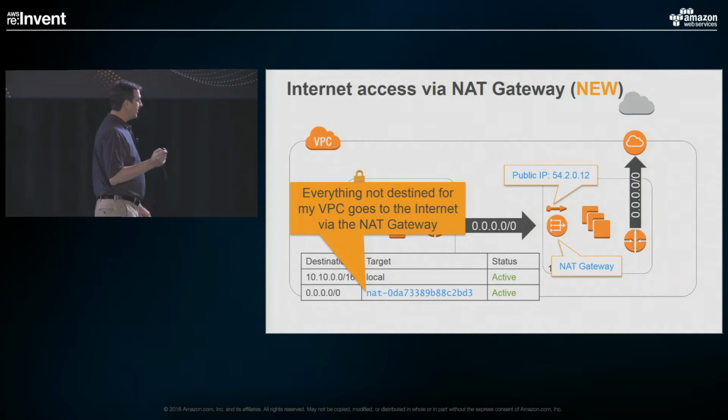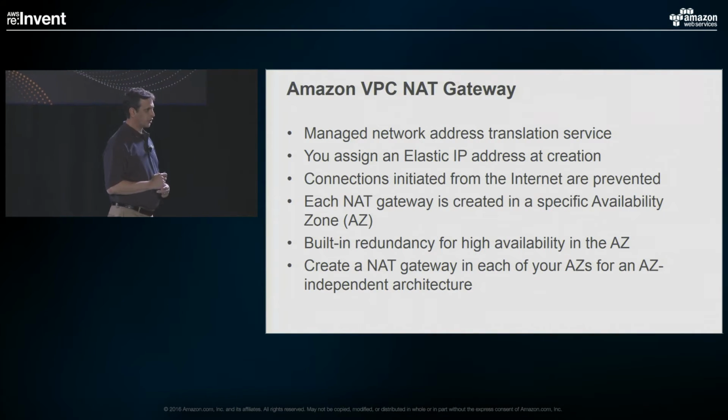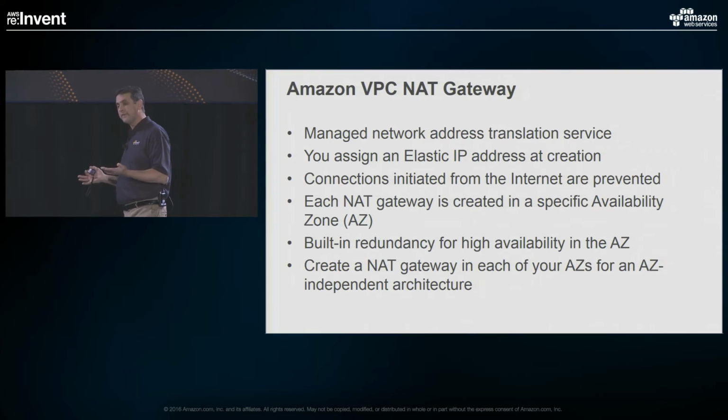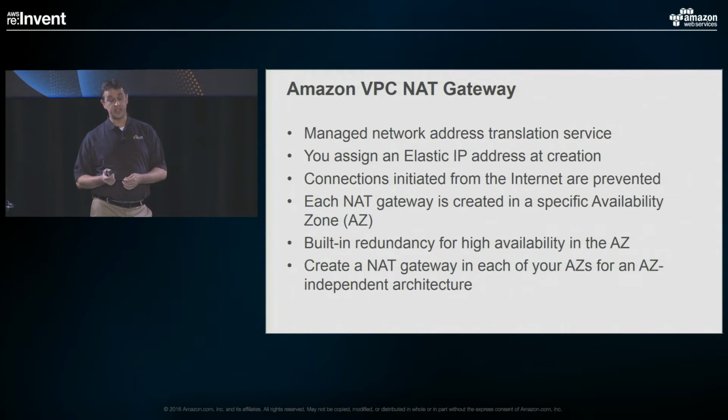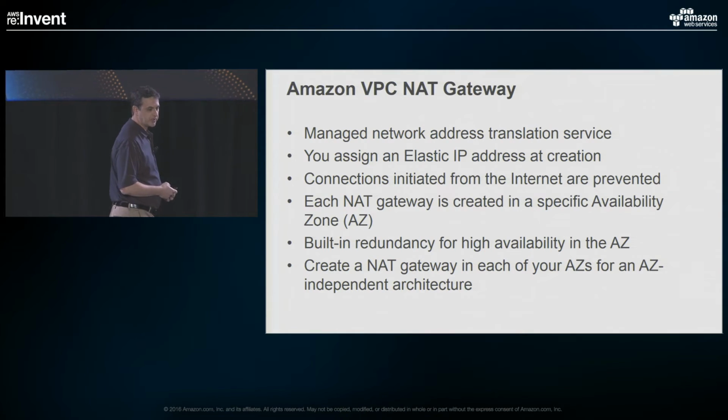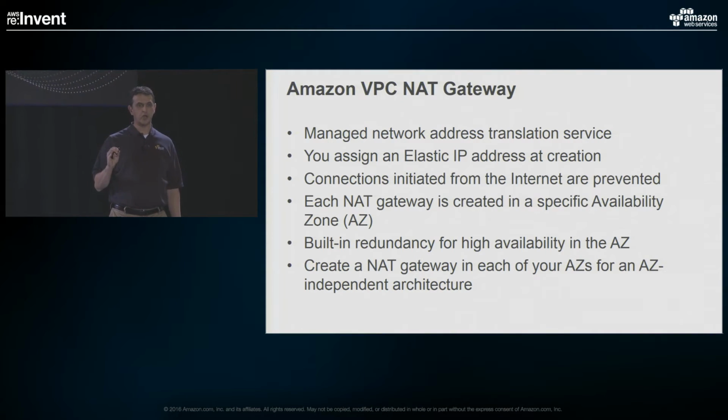So let's take a closer look at the NAT gateway service. As I mentioned, it's a fully managed service, and it does require you to allocate a public IP address so it can communicate with the outside world. Now, it's important to note that once you launch a NAT gateway, it's launched in a specific availability zone.